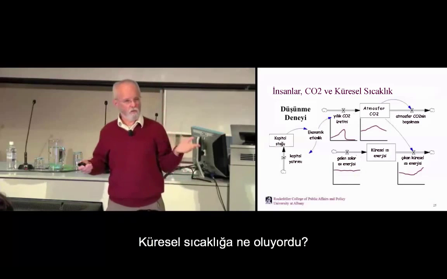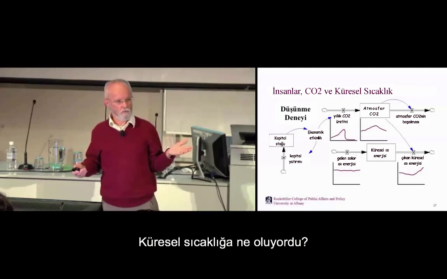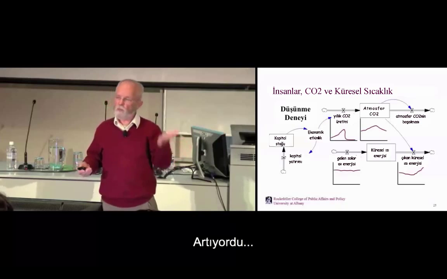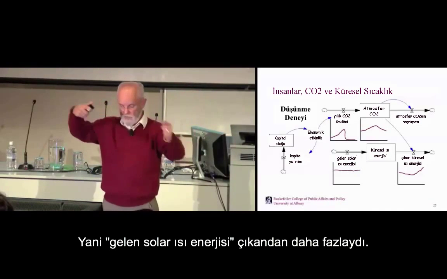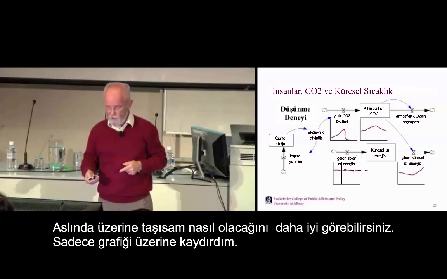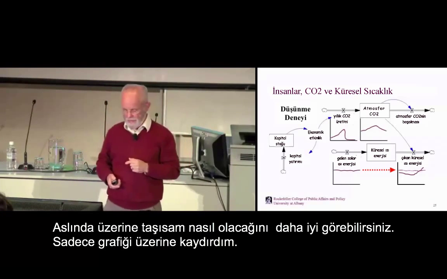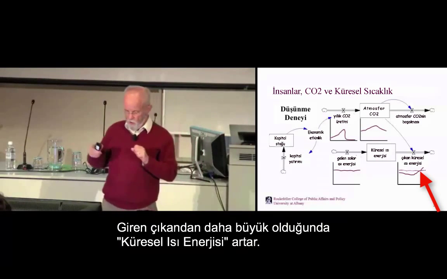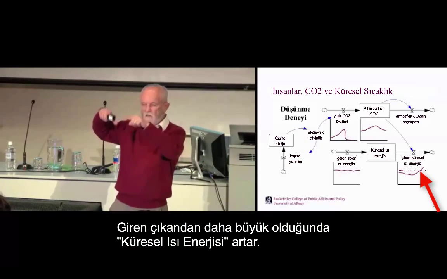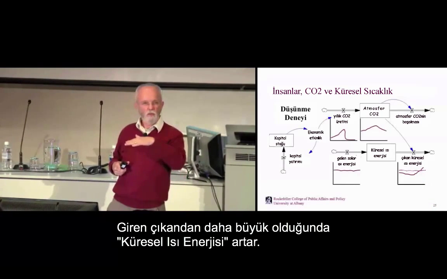What's been happening to global temperature? It's been going up. So that means incoming solar heat energy has been greater than outgoing, right? So if I moved it over there so you could see it, it would look like that. I just slid it over. See the crossing point? So where incoming is greater than outgoing, global heat energy is going up.